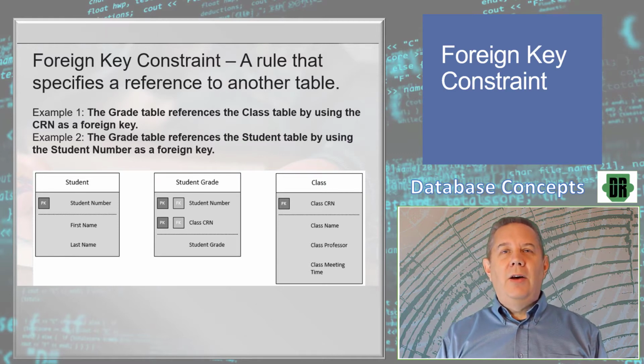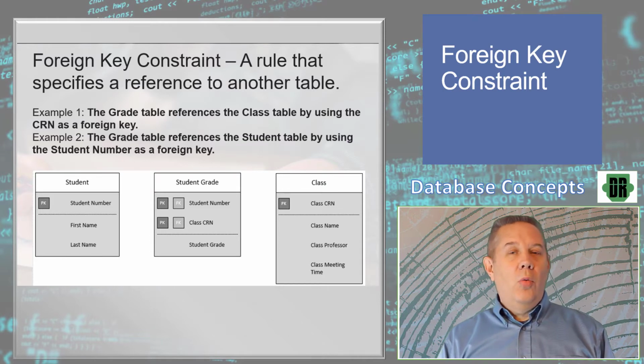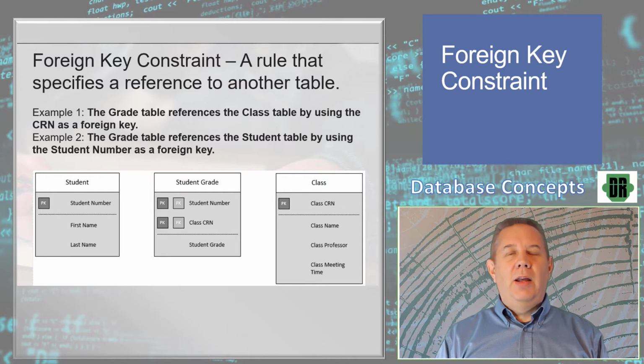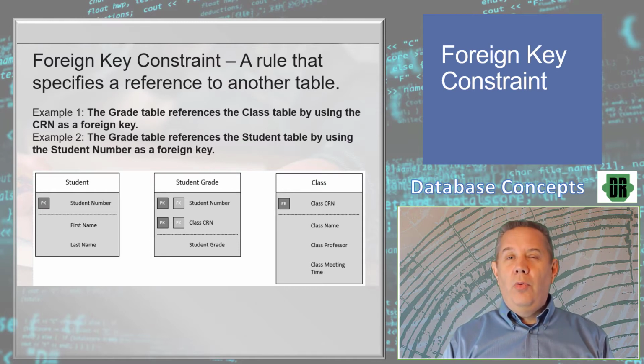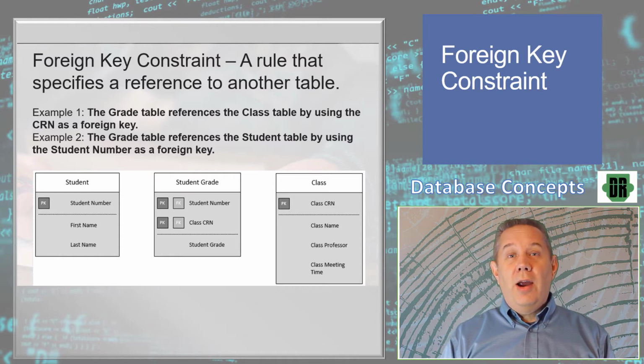So when we combine those two, we might say, well, for a specific class and a specific student, what was their grade? So we can have the student grade table, and the student grade table only needs to refer to the student table and the class table, and the only really piece of data that's unique to that particular set of data is the grade.